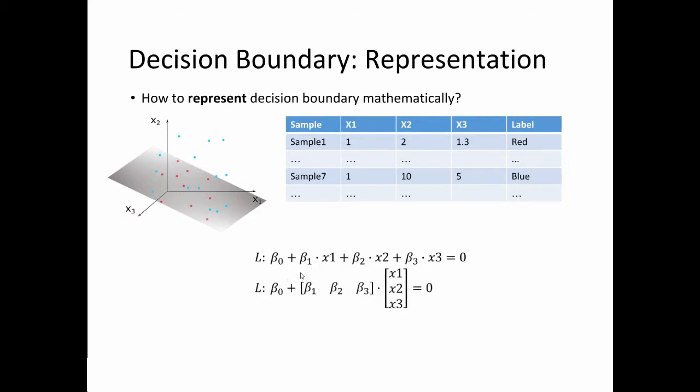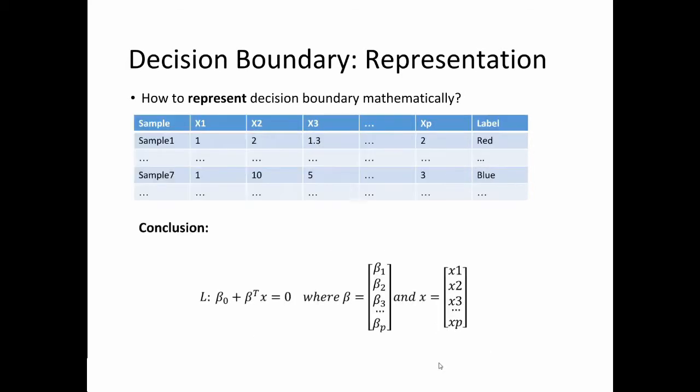We can similarly express it in a vector form like this, which has exactly the same form of beta naught plus beta transpose x equals 0. The only difference is that beta now has three variables because we have three features. We have more than two variables now.